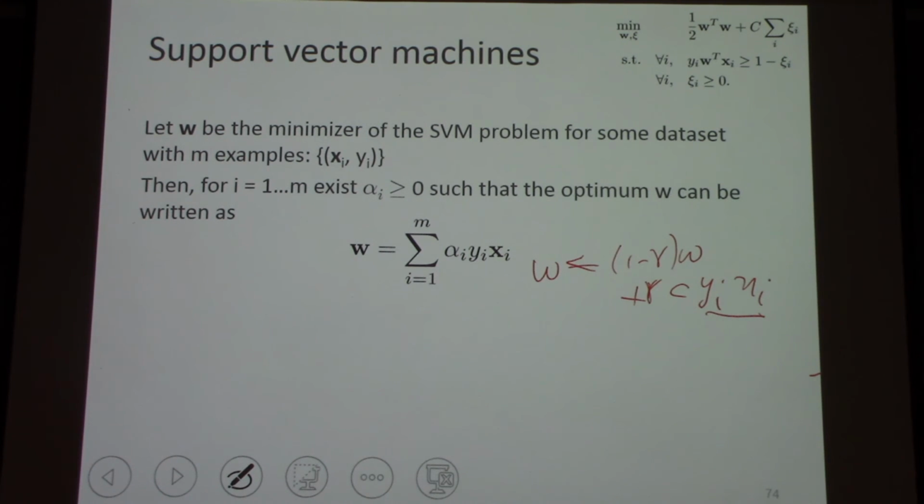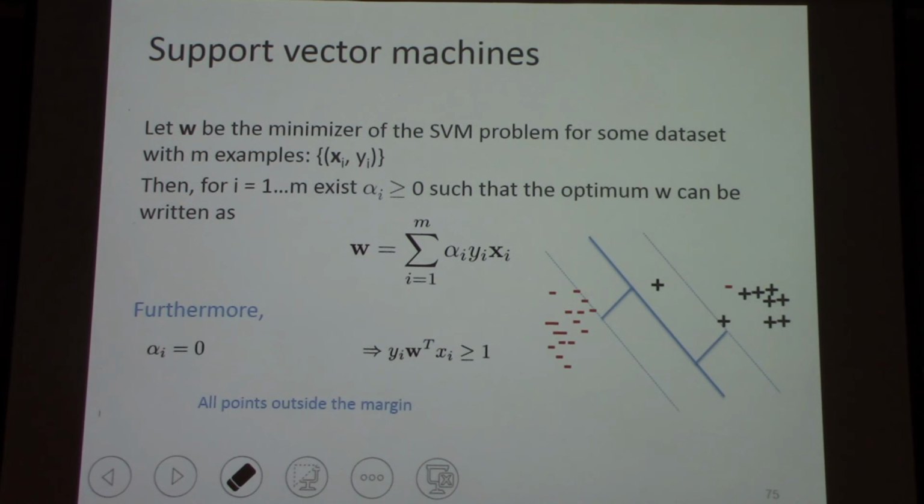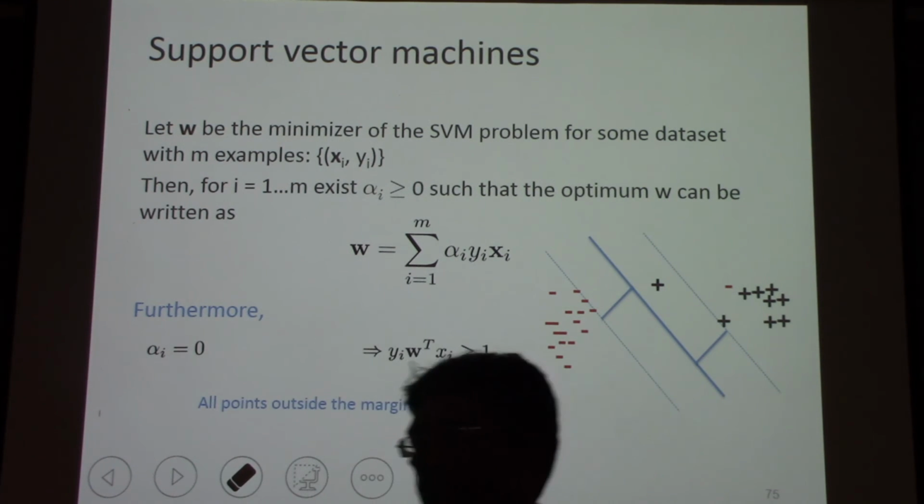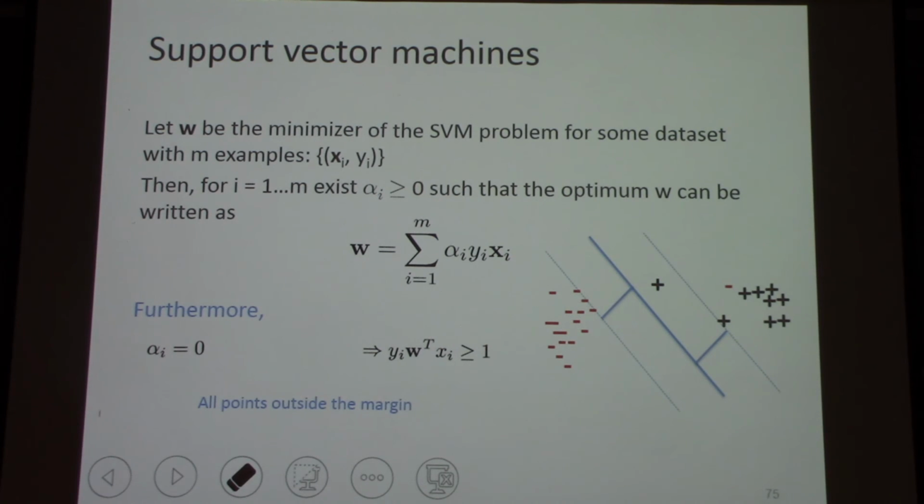But these alphas actually have some very interesting properties. It's not just that the final weight vector is a linear combination of yi xi. Remember we've introduced one alpha for every training example.